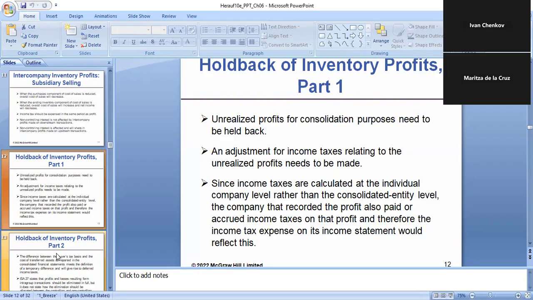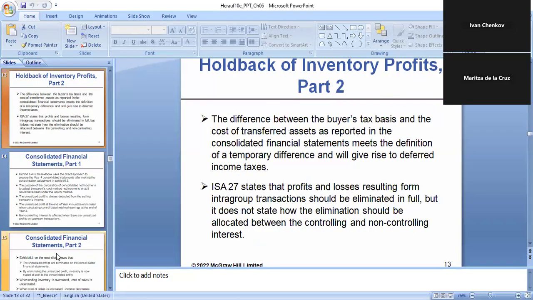Since the income taxes are calculated at the individual company level rather than the consolidated entity level, the company that recorded profit has to pay the income taxes on that profit. Therefore, the income tax expense on the income statement will reflect that. But since that inventory is still held by one of the subsidiaries or the parent, let's say the parent in this case, then we have to eliminate the effect.